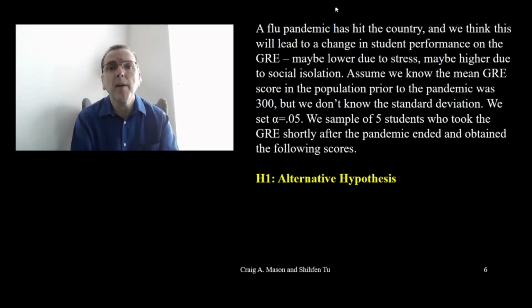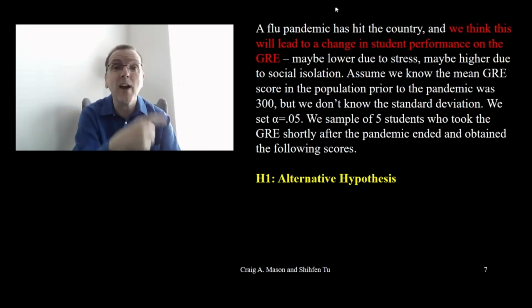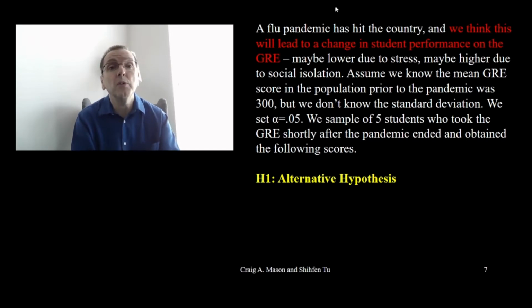Okay? Now, based on this scenario, what would be our alternative hypothesis, H1? Well, to start, we can see that it's a two-tailed hypothesis. We see that right here, right in that highlighted section. Notice we think there will be a change in performance, maybe higher or maybe lower.